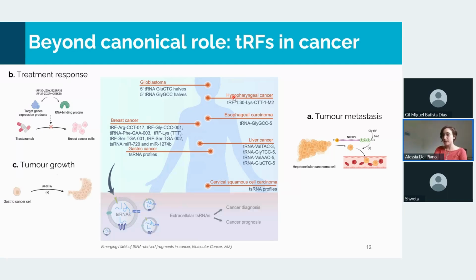More importantly, tRNA fragments were also found to be released in the bloodstream in complex with proteins or inside extracellular vesicles. So these fragments may be used as a possible biomarker in cancer for diagnosis and prognosis.